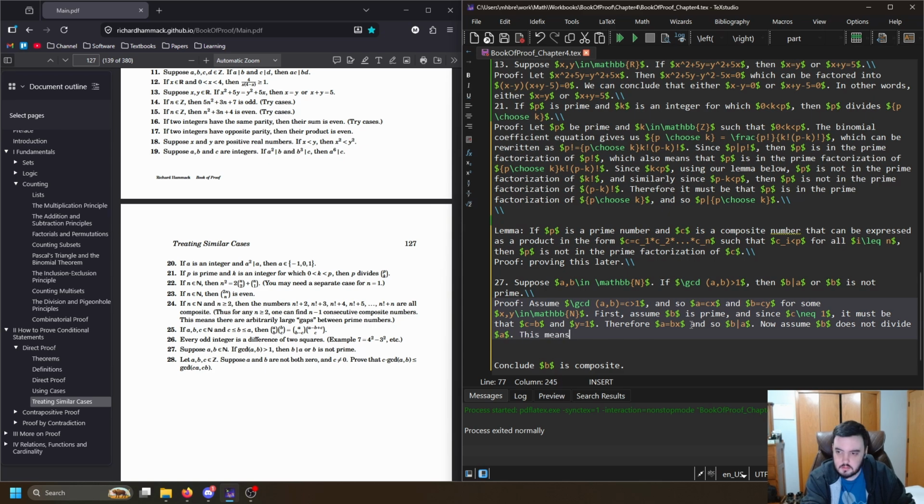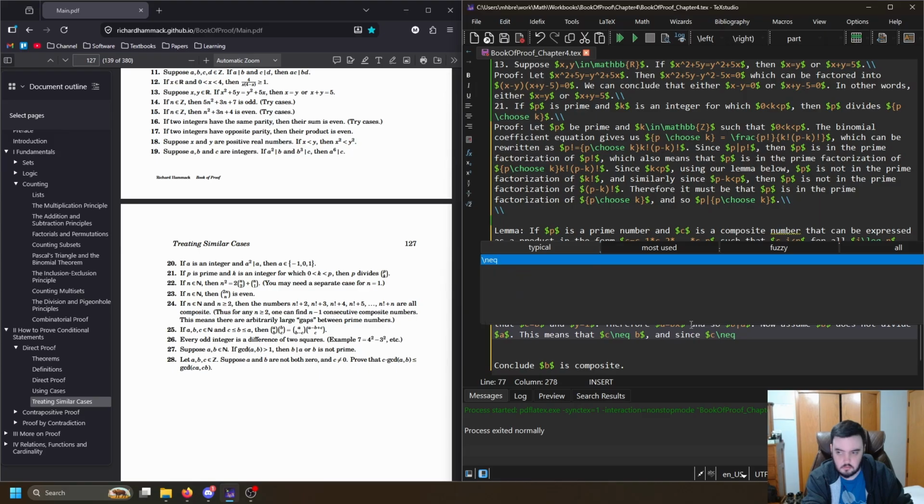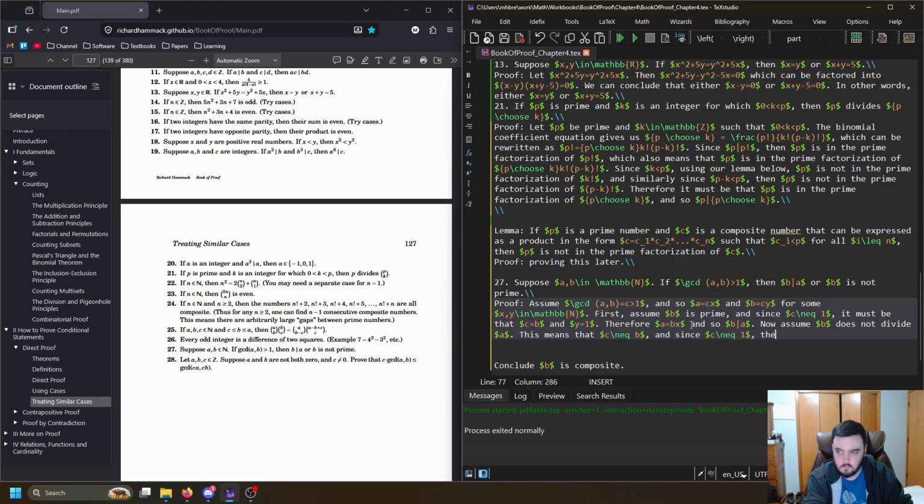Okay, this means that we know that C is not equal to B, and since C is not equal to 1, then B has to be composite since CY is a multiple.